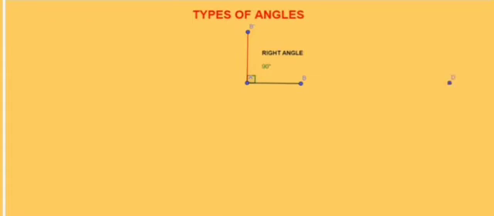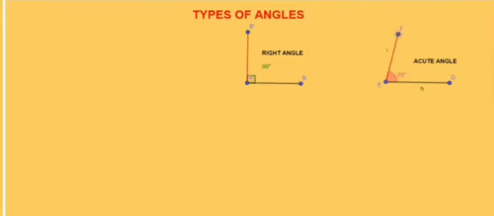Next, I am drawing another angle. That is, I reduced the angle to below 90. Okay. Now take the measurement. It is 69 degree. That is, this angle is less than 90 degree. So such angles are called acute angles. Okay.